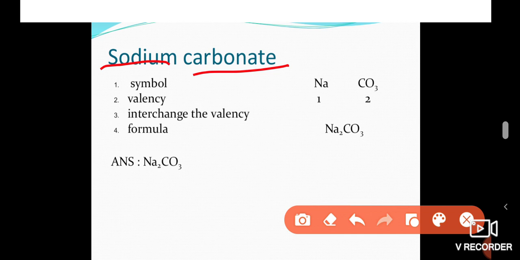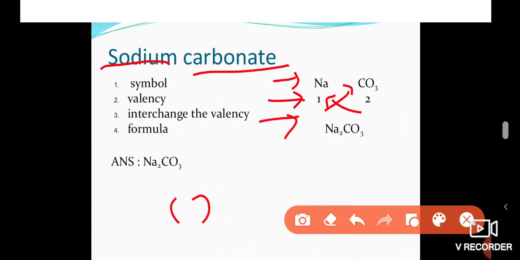And if it is a polyatomic ion and more than one polyatomic ion is there, we have to write it inside the bracket. First, we write the symbol and we write the valency, and next step is interchange the valency. Now that sodium valency is going to carbonate, carbonate valency is going to sodium.